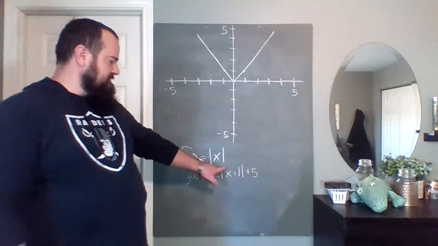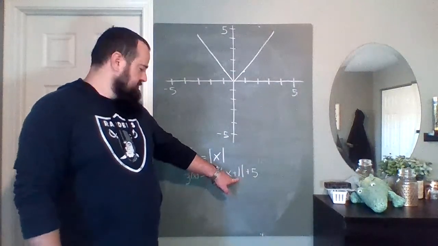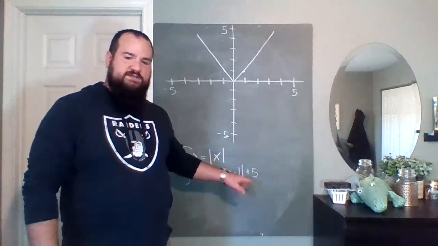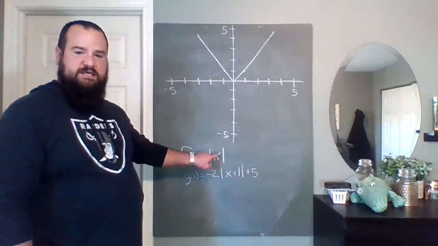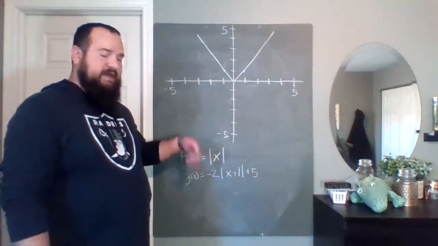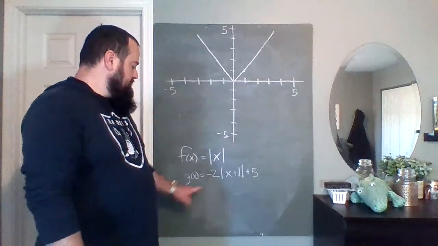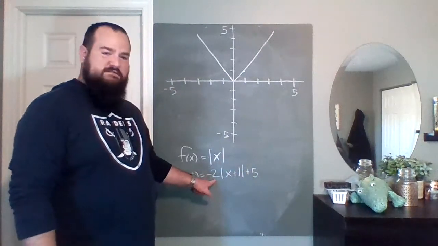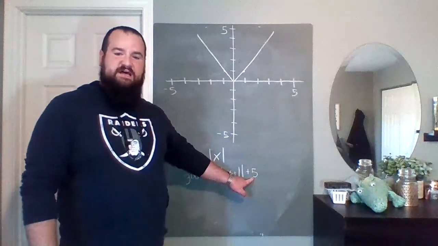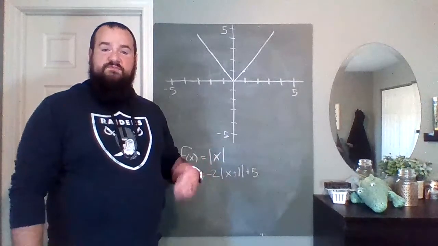And in that case, it tells us this plus 1 is a horizontal shift. All the remaining transformations happen outside of the absolute value, which was our original function. That means they happen after our original function, so they are vertical transformations. So the reflection, the scaling, and this plus 5 all represent vertical transformations, whereas this plus 1 gives us a horizontal transformation.